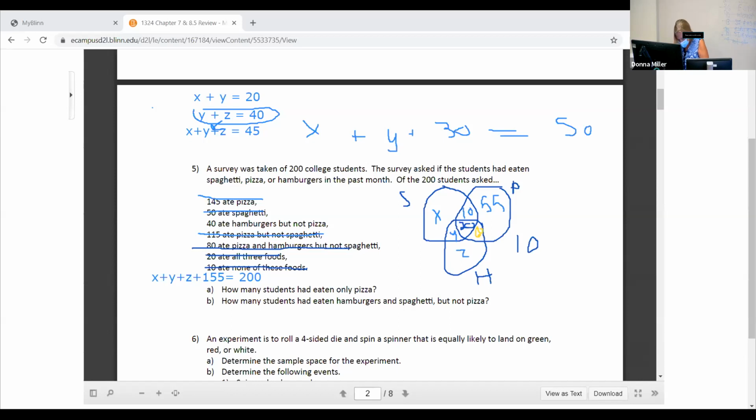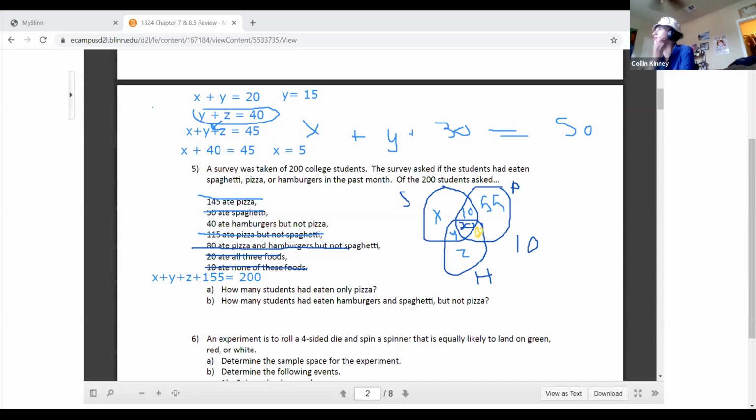So pretty much that tells me that x equals 5. All right, and once I have that, I know that x plus y is 20, and if x is 5, y has to be 15. And let's see, I need z. Well, if I know that y is 15, 15 plus z is 40. That's going to yield me that z is 25. So we're done there.